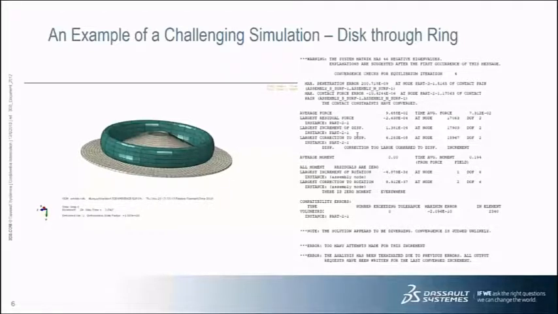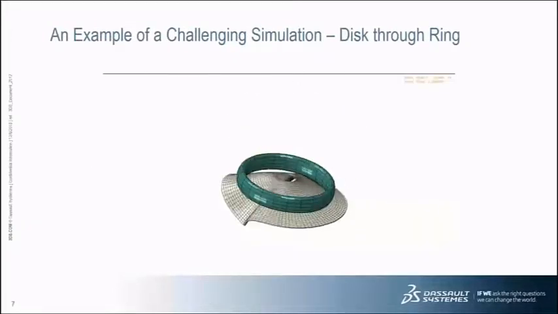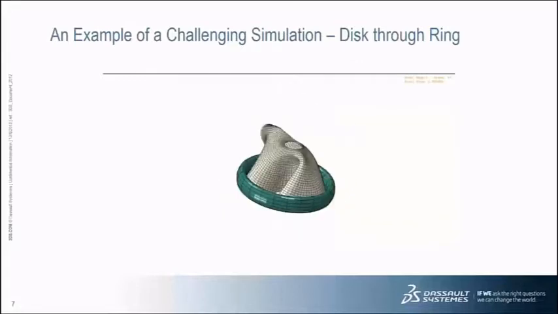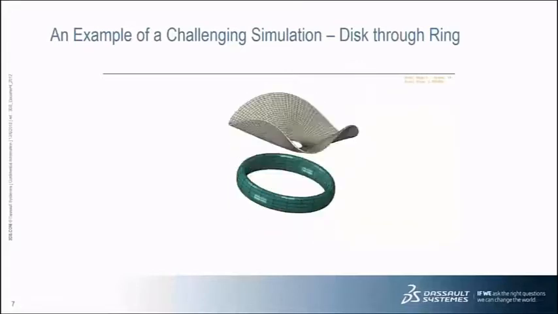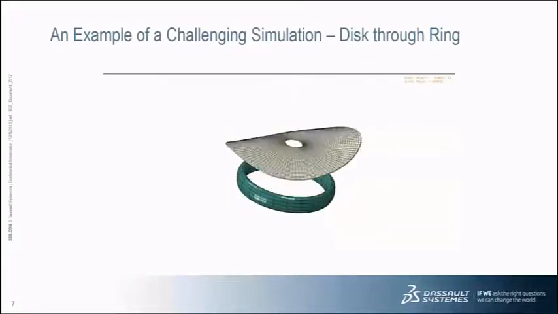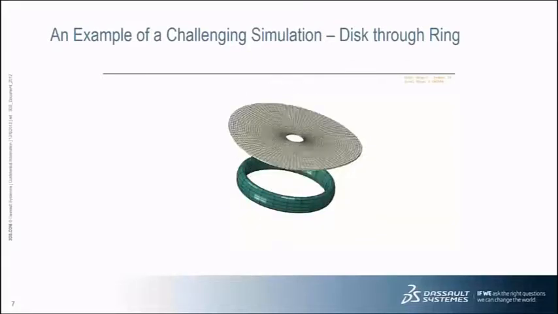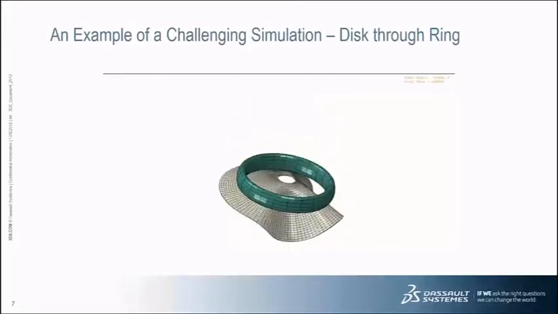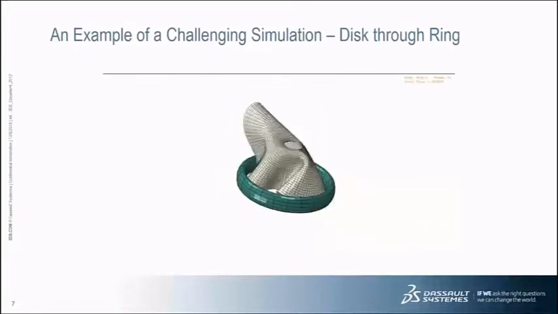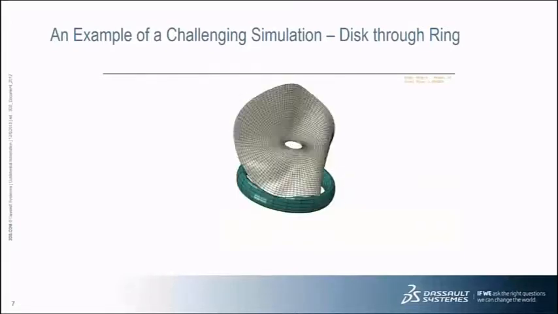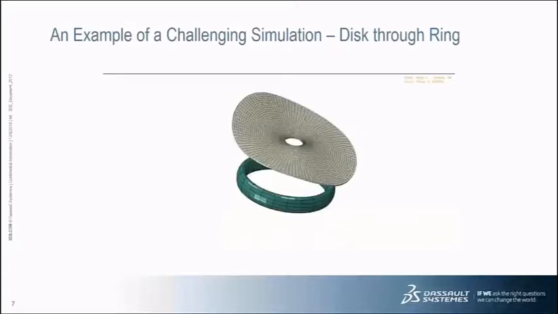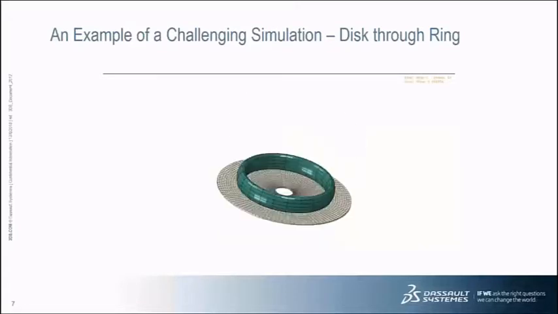So I went to a completely dynamic procedure, and I was able to pull this disk through that ring, and you can see it flop around like this. This is a dynamic simulation. So I overcame the lack of static equilibrium by simply looking for dynamic equilibrium, and I didn't really show an intermediate result where this disk got partway through and then kind of got stuck, and that was because the edges of the disk were dragging along the surface of the ring, and I had a contact pair which can have difficulties with edge-to-face contact.